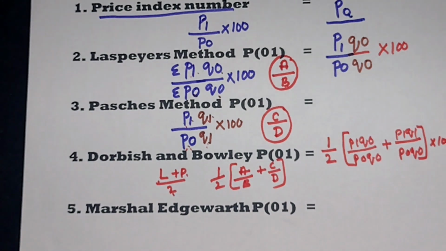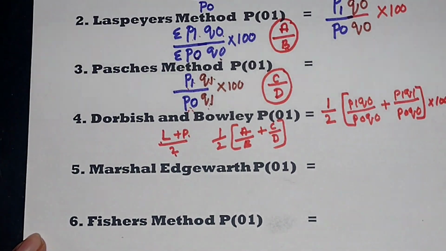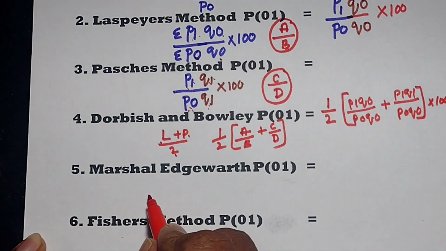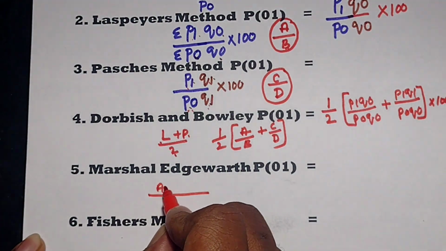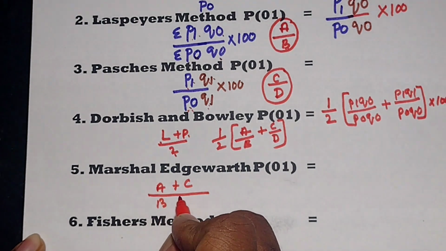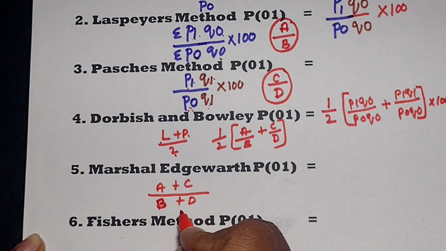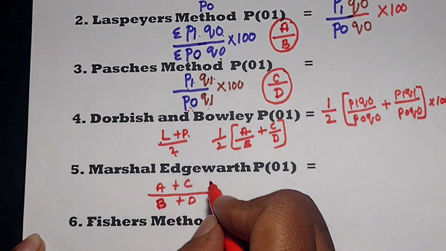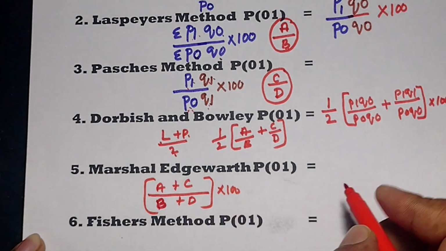The extension of this formula by another statistician is Marshall Edgeworth. So he has extended it like that. A plus C, whole divided by B plus D, multiplied by 100.